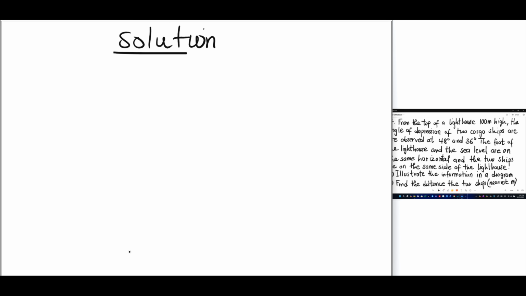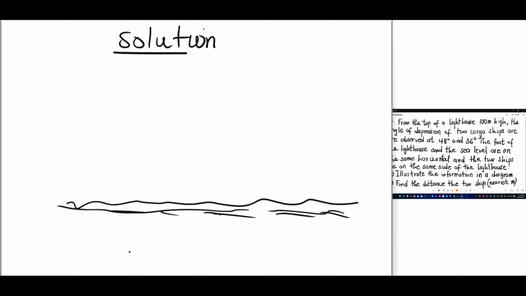So let us assume that this is our sea level. Now it is given that the foot of the lighthouse and the sea level are on the same horizontal. So it implies that the foot of the lighthouse will intersect the sea at a particular point.